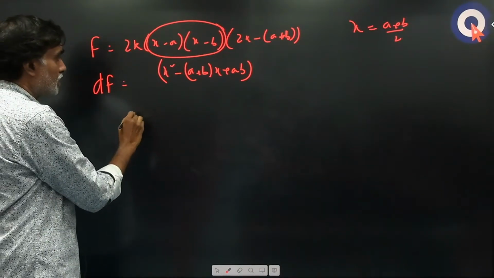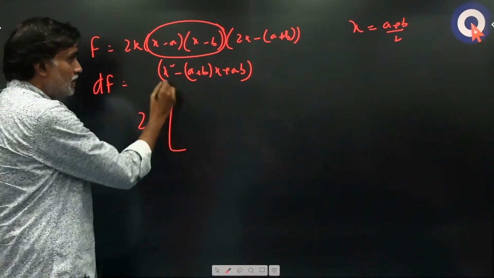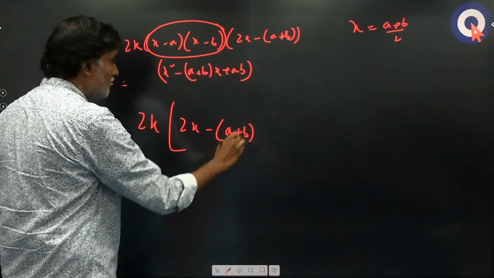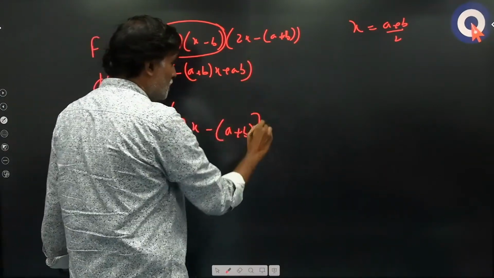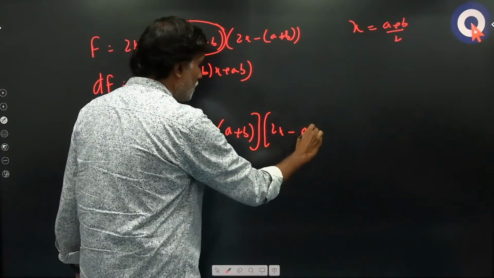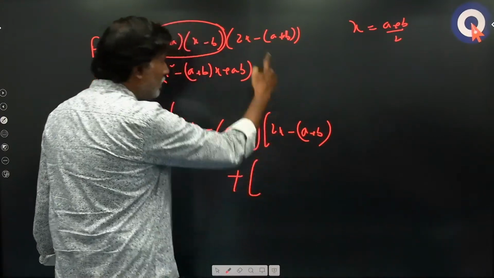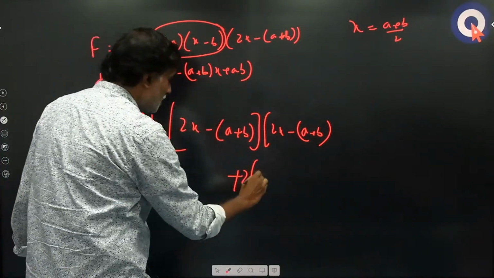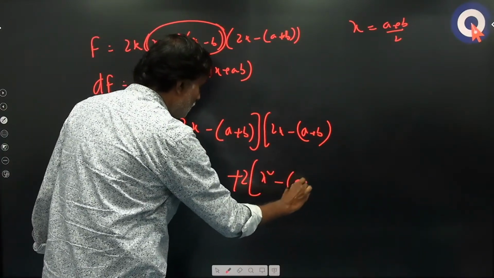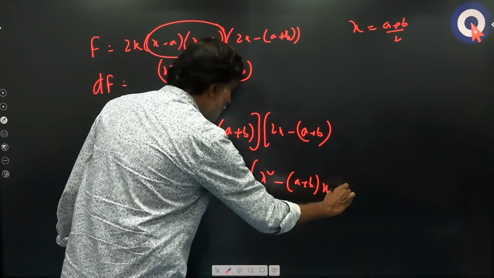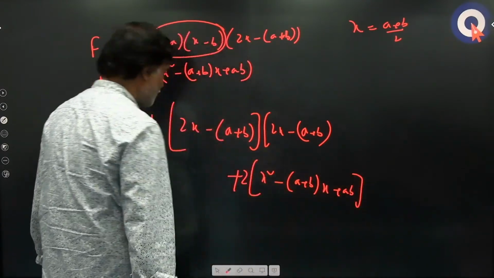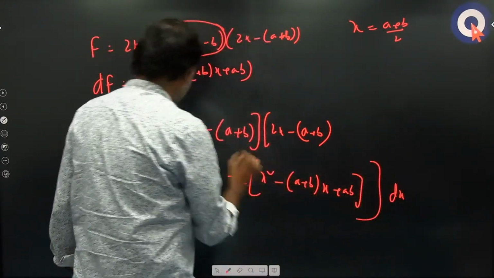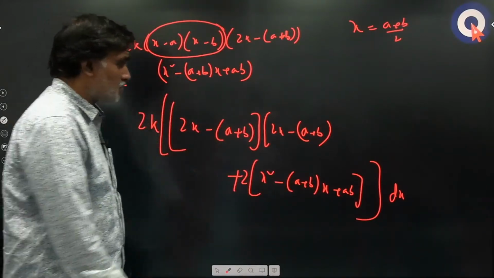So if I differentiate, what do you get? 2k into, if I differentiate the first term, you will get 2x minus (a plus b), second term 0, into the second function, that is 2x minus (a plus b), plus the derivative of the second function, which is 2, into the first function, that is x square minus (a plus b) into x plus ab, whole multiplied by dx.